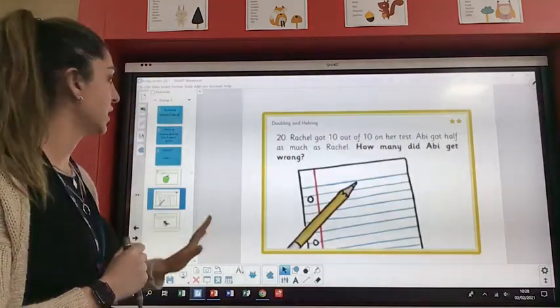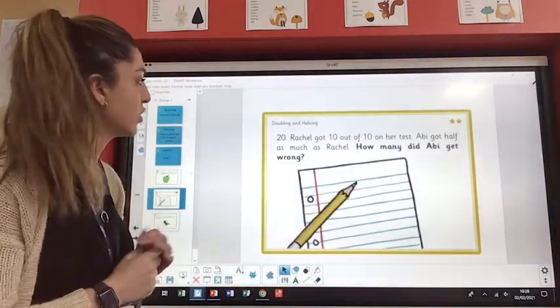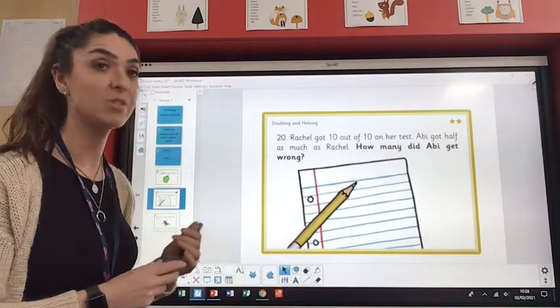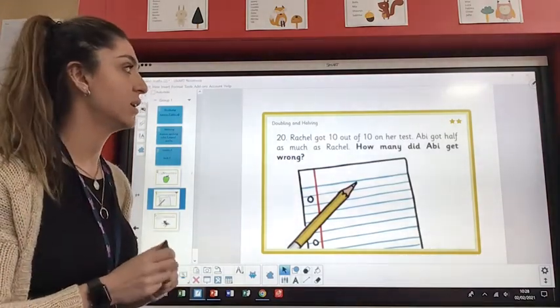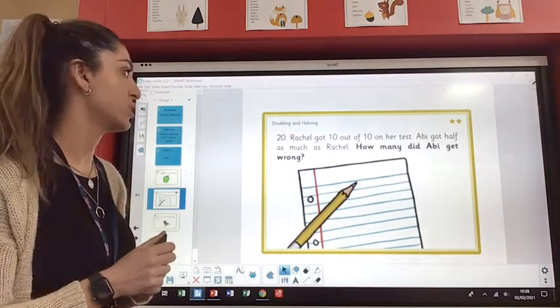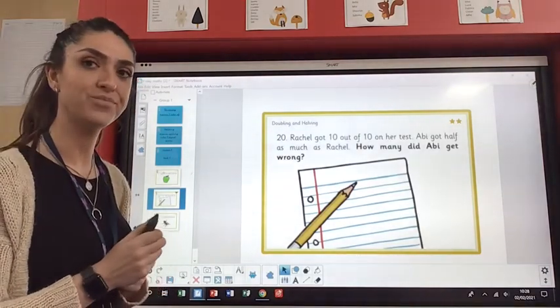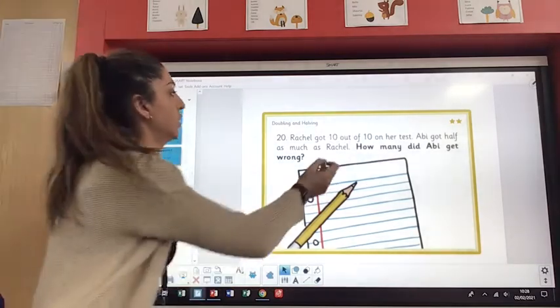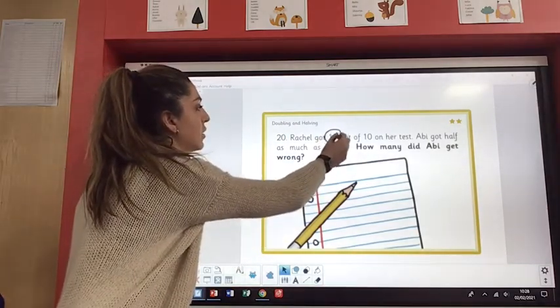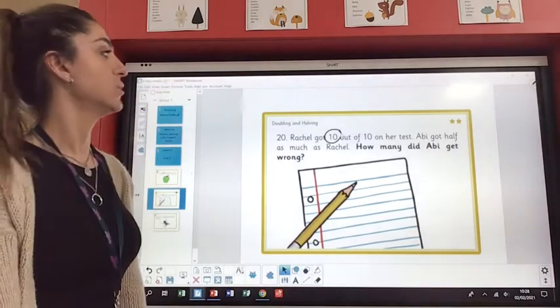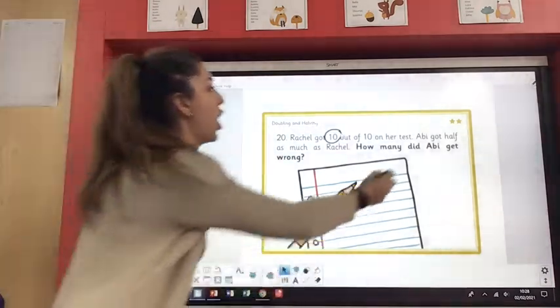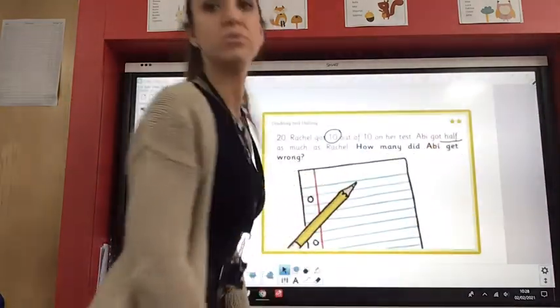Okay, let's look at the next one. This one says Rachel got 10 out of 10 on her test. Abby got half as much as Rachel. How many did Abby get wrong? So, 10 Rachel got, and Abby got half the amount.